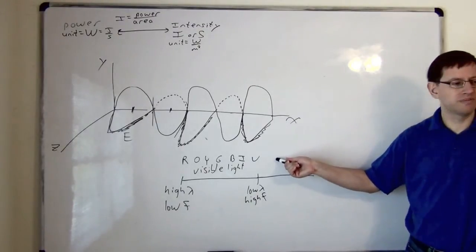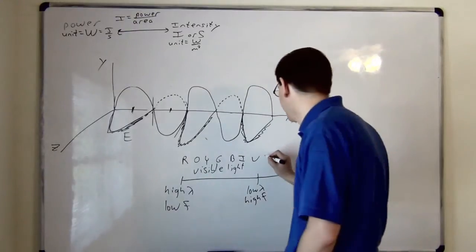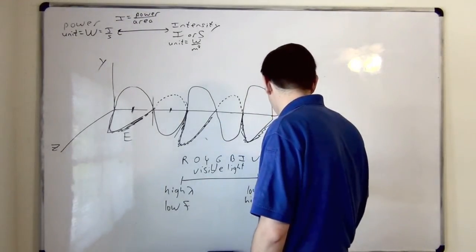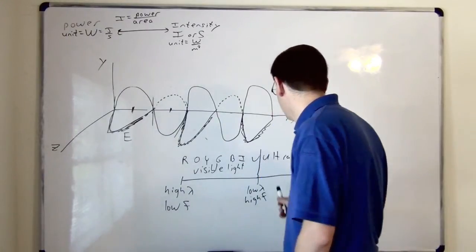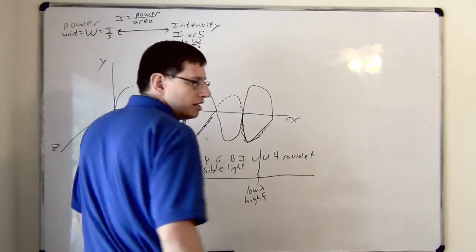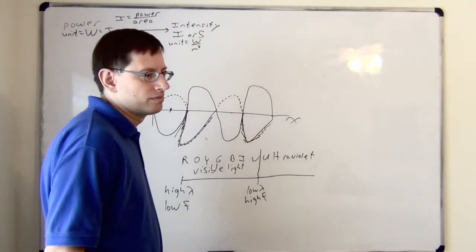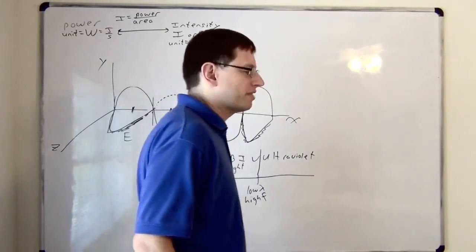It has a logical name. It's called ultraviolet. Oh, right. And then it's X-ray, then gamma ray. That sounds right. Good. So this portion here would be ultraviolet. And if you go even further, it'll be X-ray and then gamma ray. That's right.